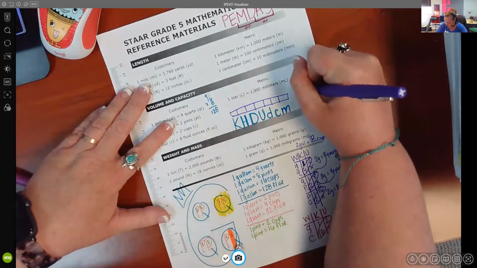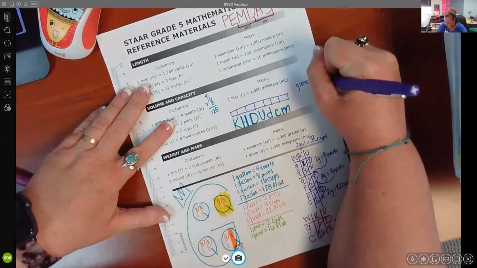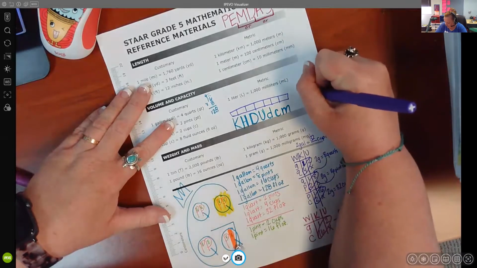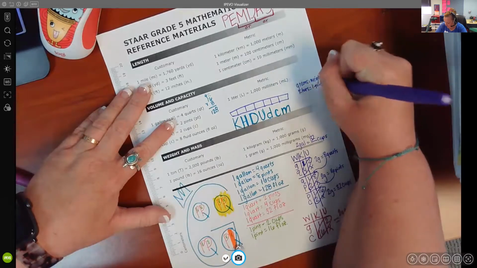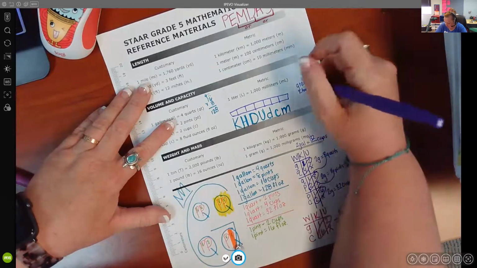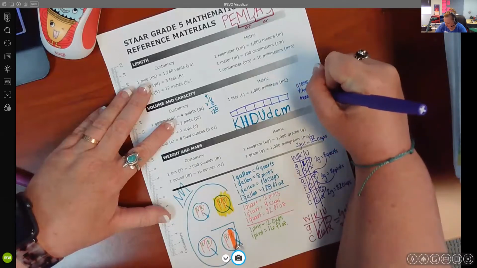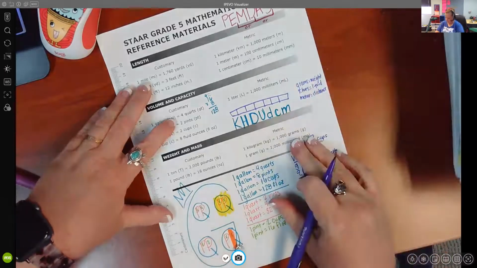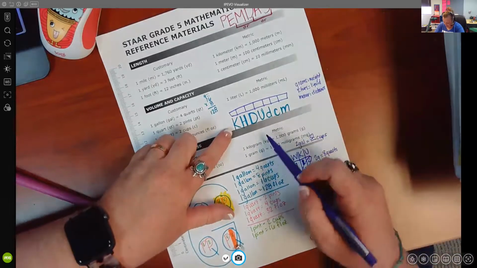So you have grams, which equals weight. You have liters, which is your liquid. And your meters, which is distance. Haha, solid, liquid, got to get gas to go the distance.